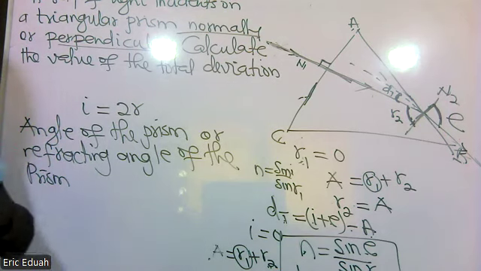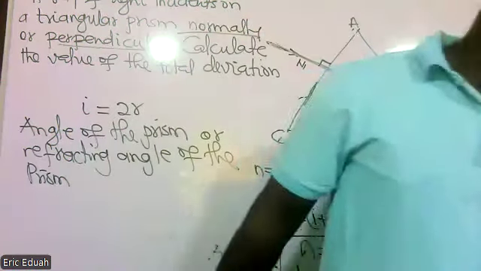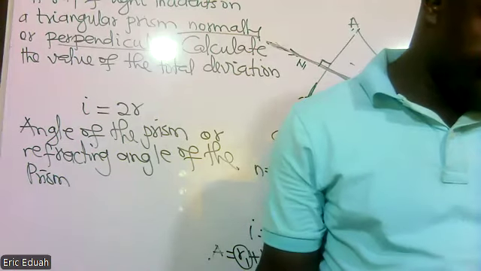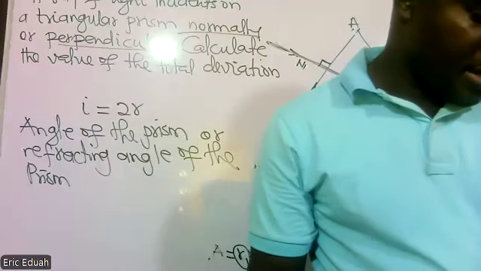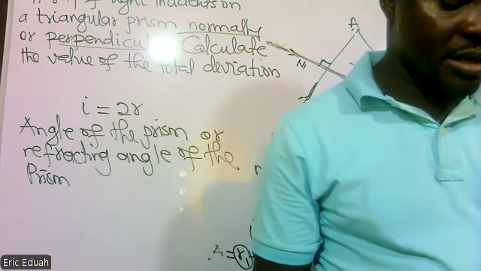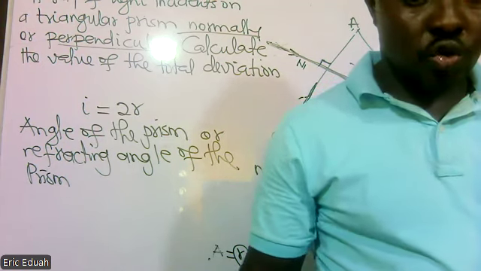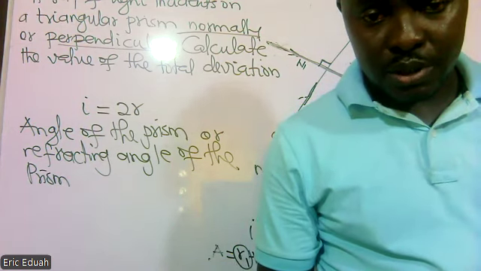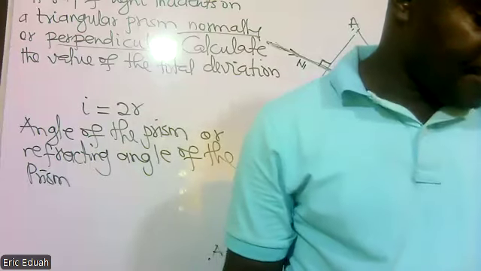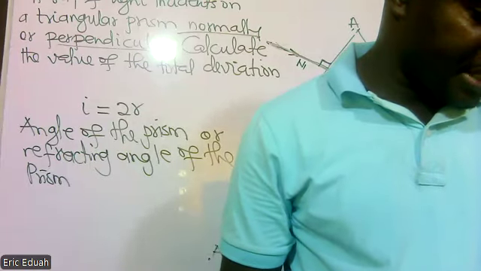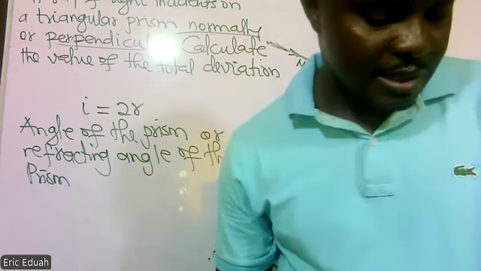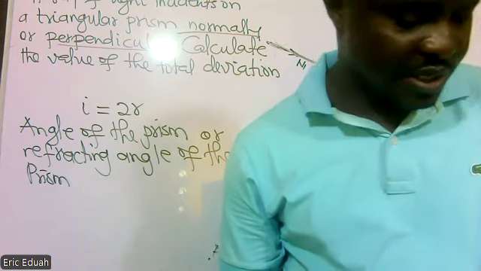Can you read the question again? A ray of light passing through a prism, of course a triangular prism, having refractive index equal to root 2, shows minimum deviation.